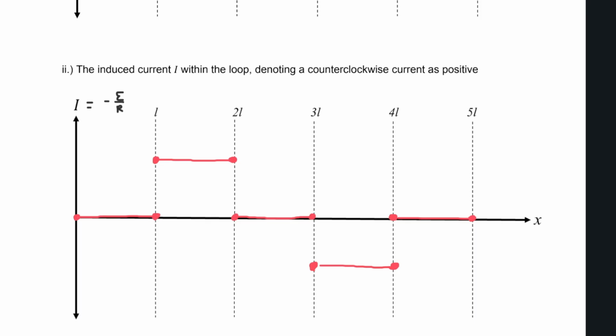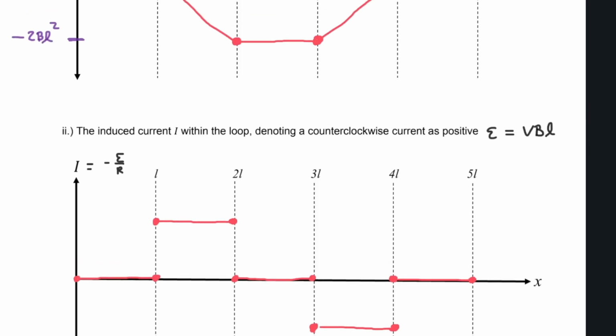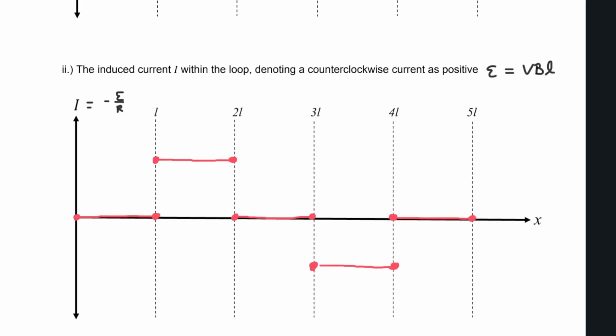And then we also know that for motional EMF, the induced EMF is given by VBL, where L is the length of the loop in the direction of the velocity. So VBL is our maximum EMF.